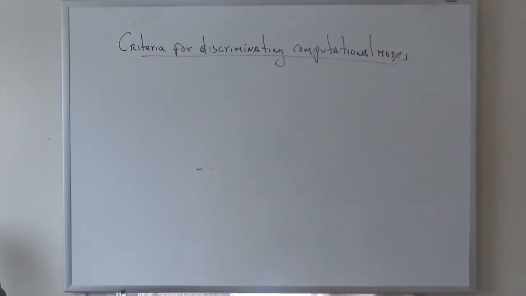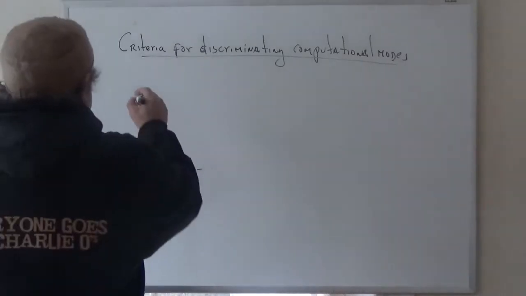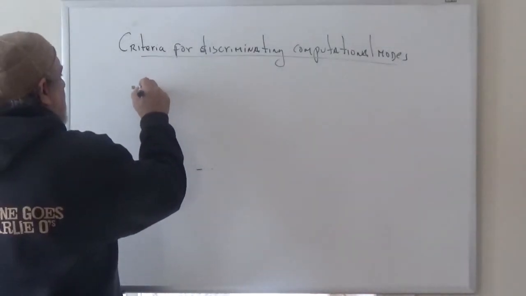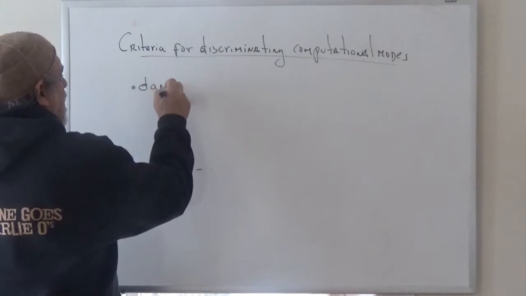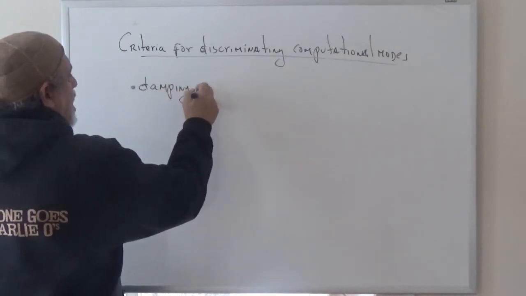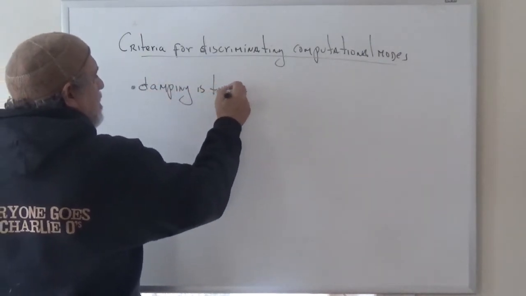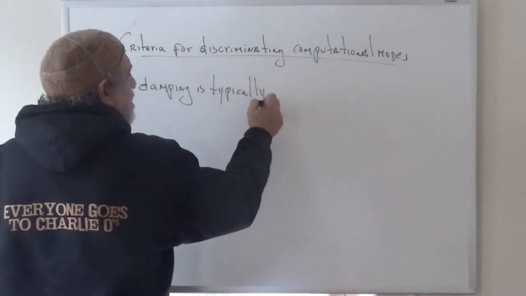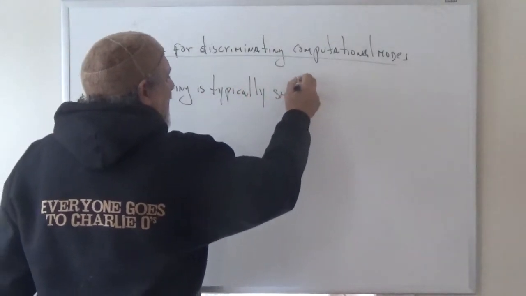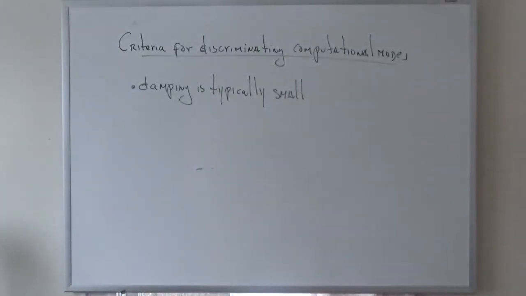What I mean by that? For example, anything that is a priori knowledge about the physical system can be used to discriminate the computational modes.